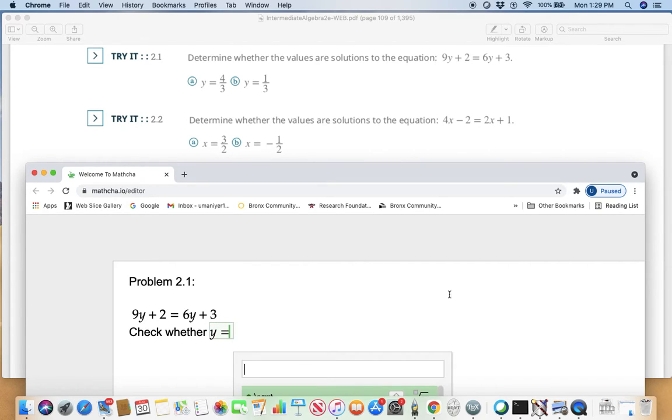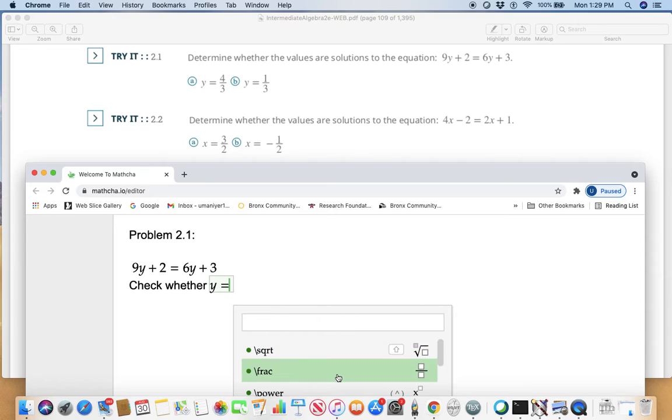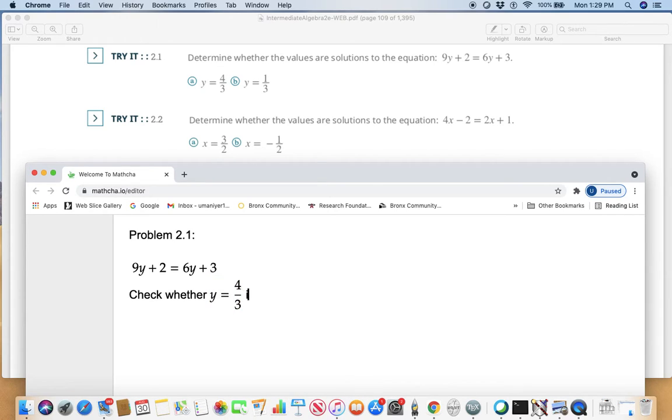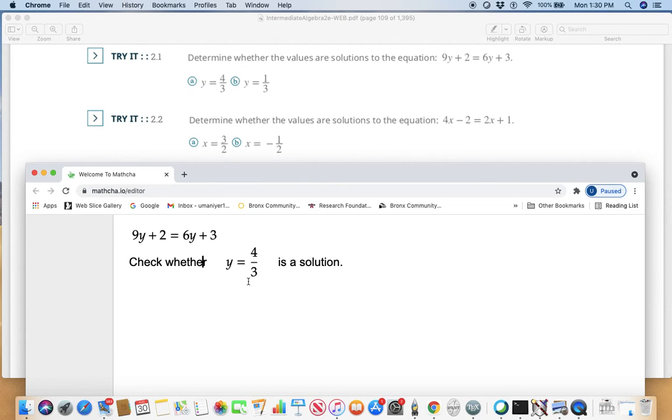Y equals fraction 4/3 is a solution. Okay. Just make it more readable. All right. So we want to substitute y equals 4/3 wherever we see y, right?